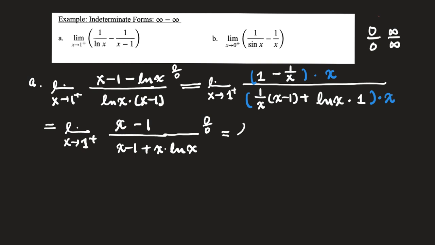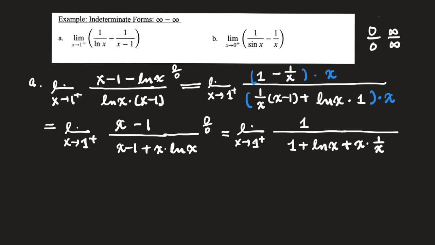Look at this L'Hopital's rule. Limit as x approaches 1 positive. The derivative of x minus 1 is 1. The derivative of the bottom is 1 plus another product rule: the derivative of x ln x is ln x plus x times 1 over x. So this one is cancelled out. What do you have here?